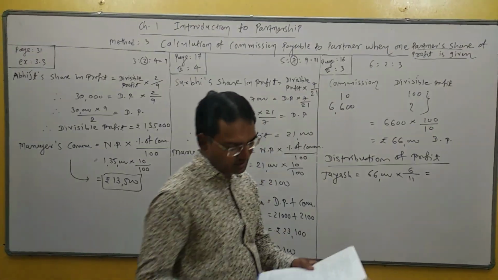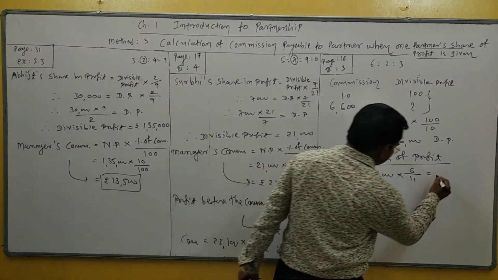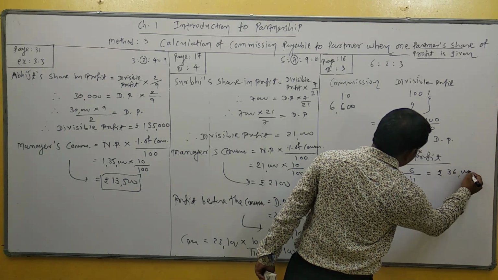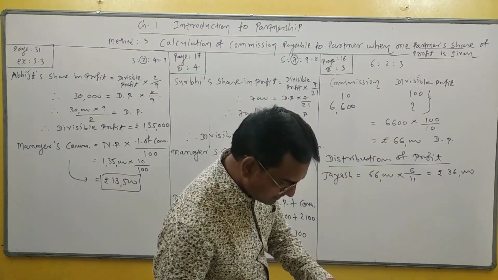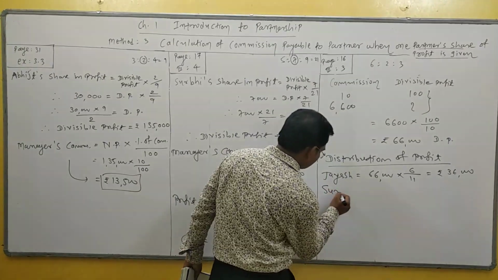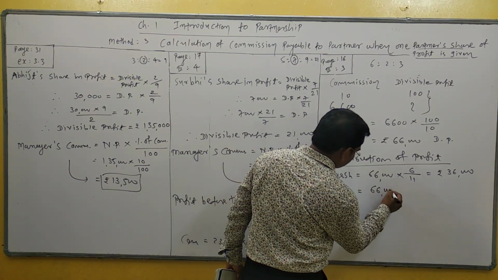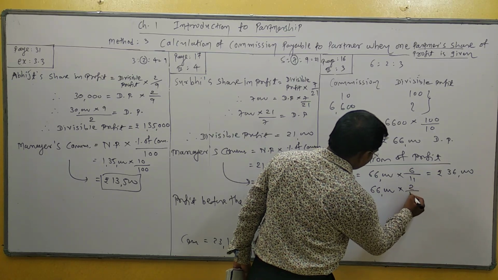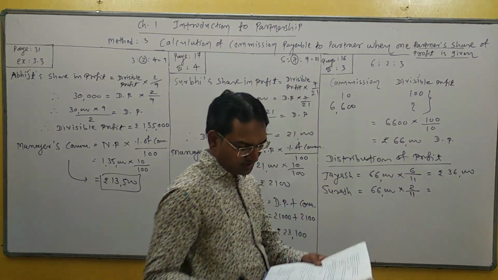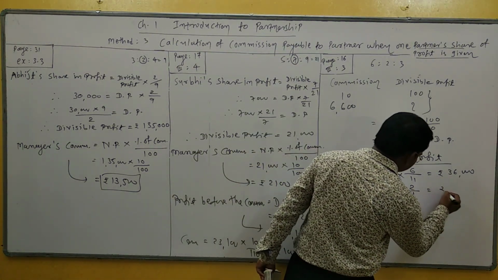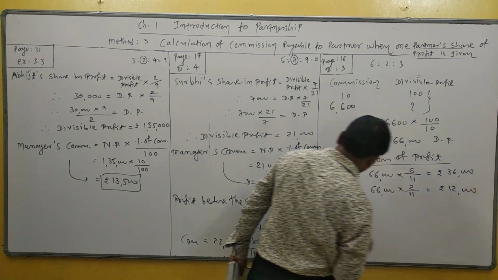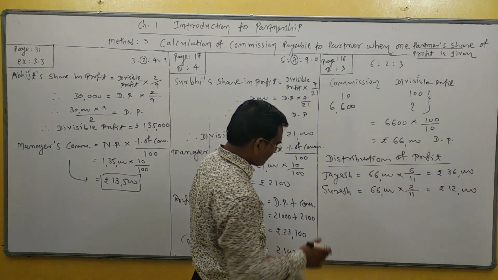So 36,000. Second partner is Suresh. Suresh's share in profit is 66,000 into 2 by 11. So the amount is 12,000. And the third partner given in the example is Pankaj.